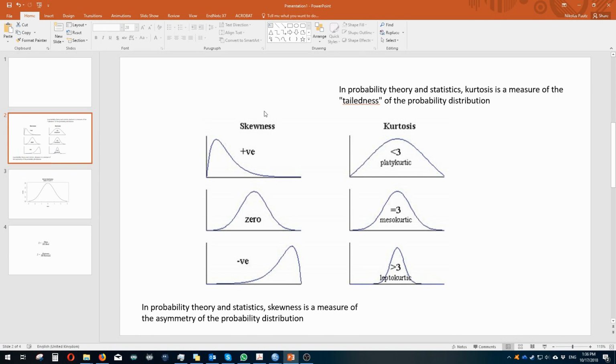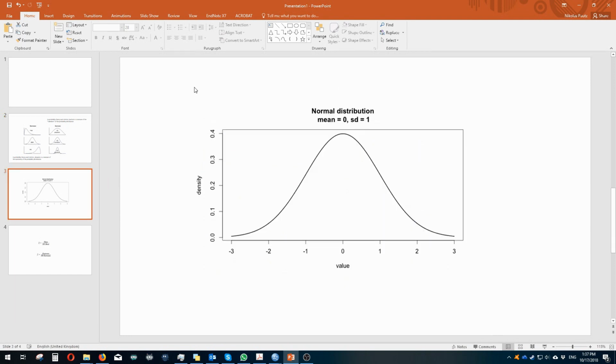So next we have skewness, and in statistics theory, skewness is a measure of the asymmetry of the probability distribution. So the symmetry of the distribution really refers to how much it represents a normal distribution. And a normal distribution with a mean of 0 and a standard deviation of 1 looks like this.